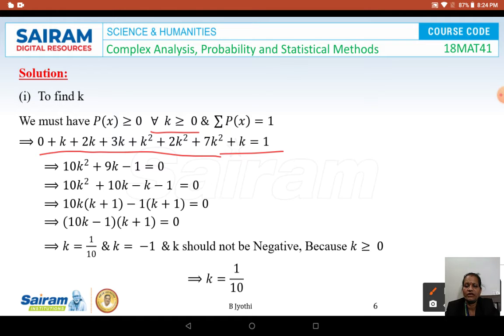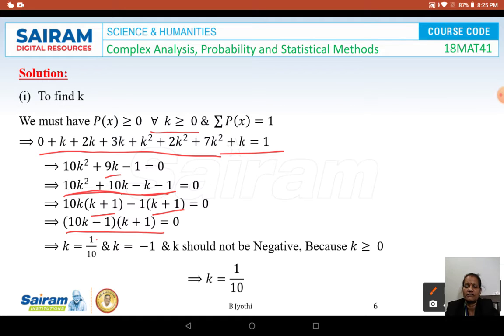When we add everything, we get 10k squared plus 9k minus 1 equal to 0. On splitting, 10k squared plus 9k can be split as 10k squared plus 10k minus k minus 1 equal to 0. By taking 10k outside from the first two terms we get k plus 1, and from the last two terms we take minus 1, we get k plus 1. On factorization, we get (10k minus 1)(k plus 1) equal to 0.